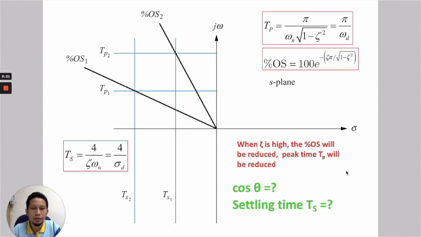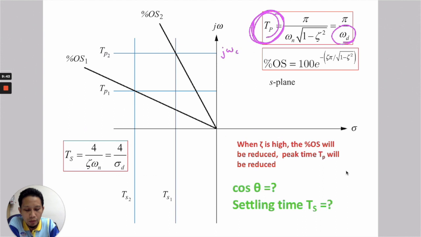When we look at the TP formula, TP equals pi over omega d, we can see that the peak time is only related to omega d. This is j omega d here. So when we have poles located along the line of omega d, let's say this is omega d1, all the poles along this line have the same peak time.